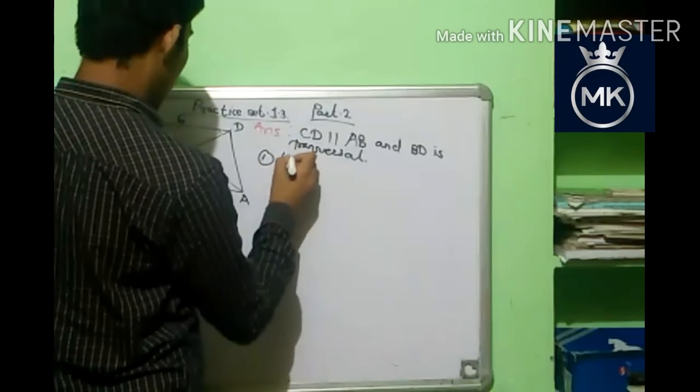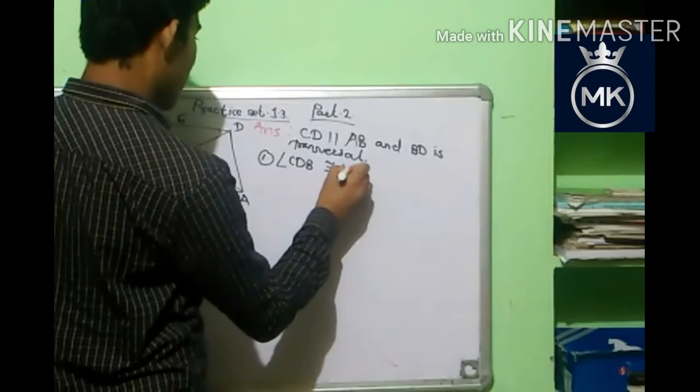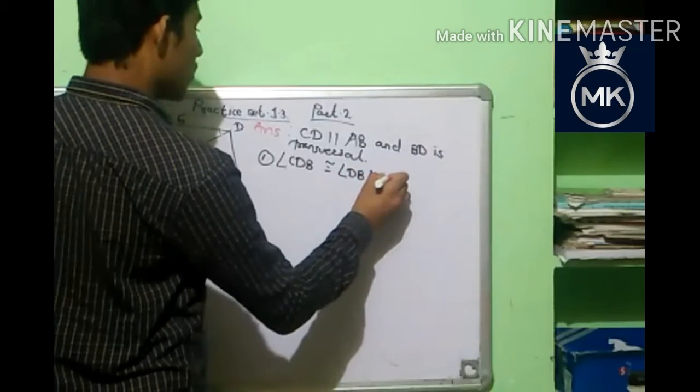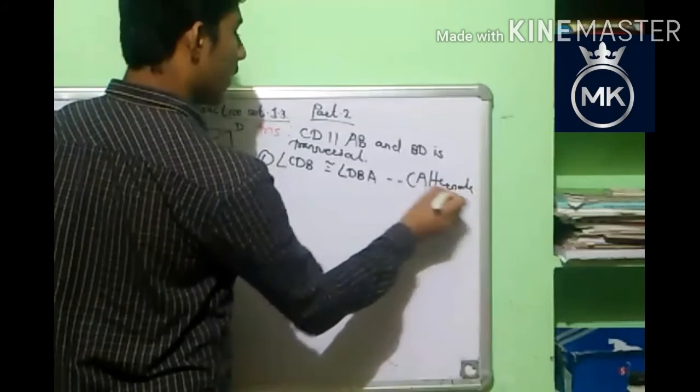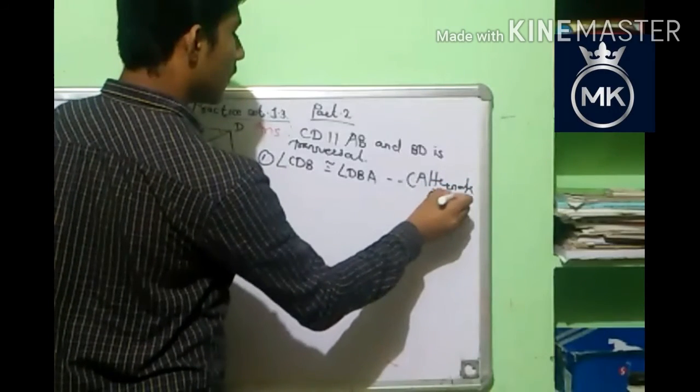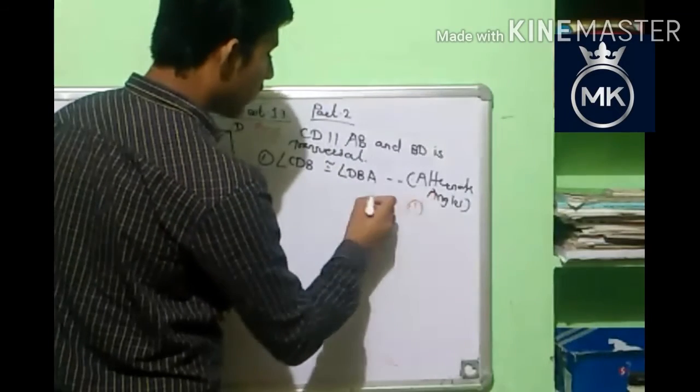So we write here angle CDB is congruent to angle DBA. The reason behind that is alternate angle pair. We write the number 1 here.